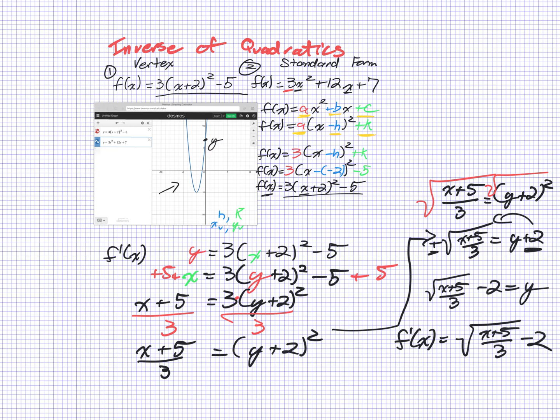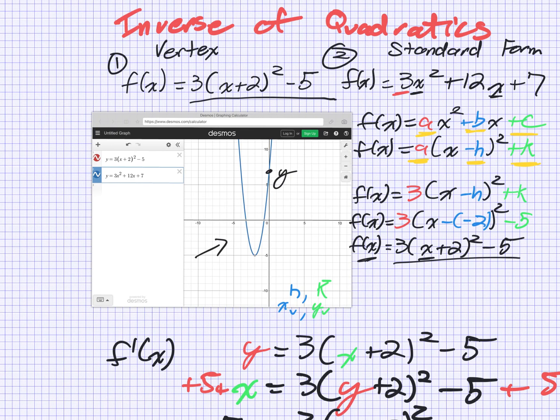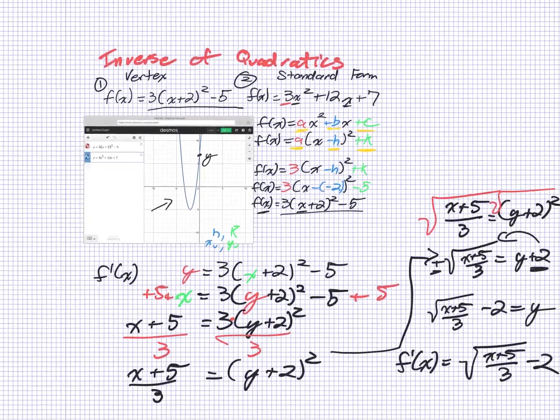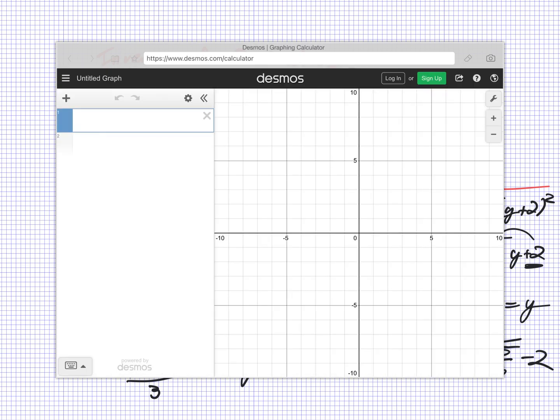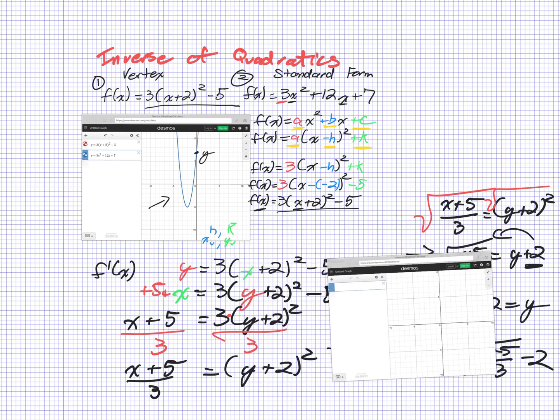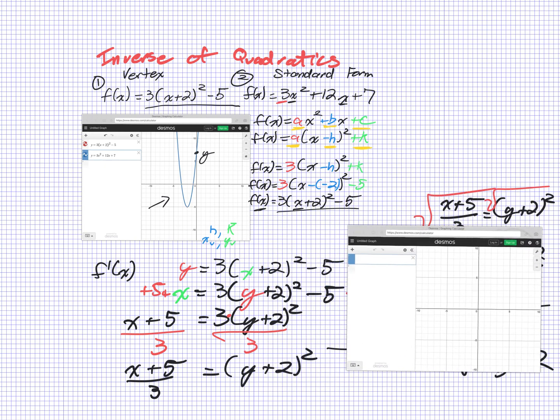I don't know why that happened. Let's see if I can just click into Desmos. I cannot. It's a very finicky program. It's all over the graph now. Okay, let's bring in another Desmos. See if we can actually do that. There we go. A little inconvenient.